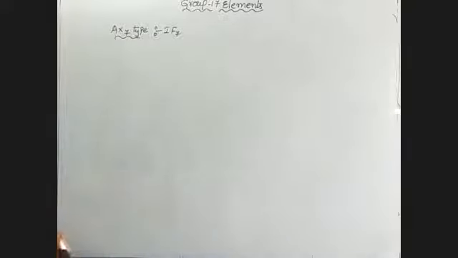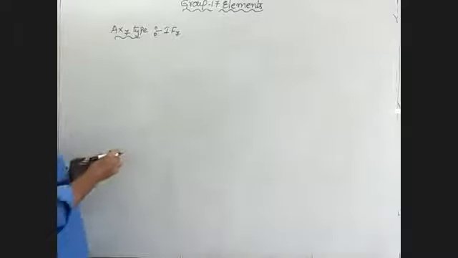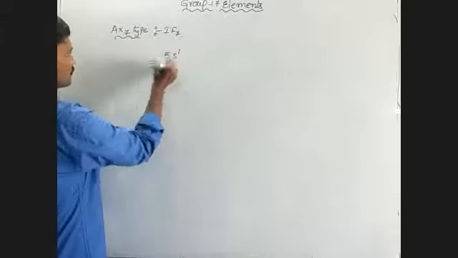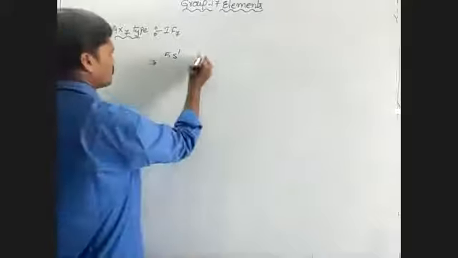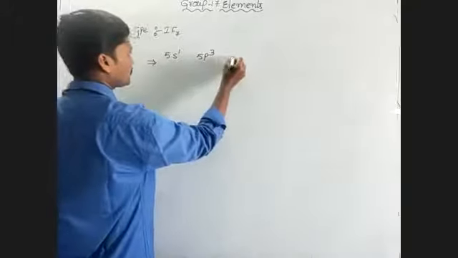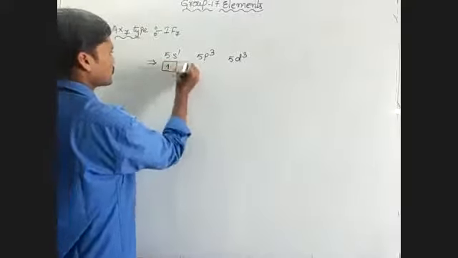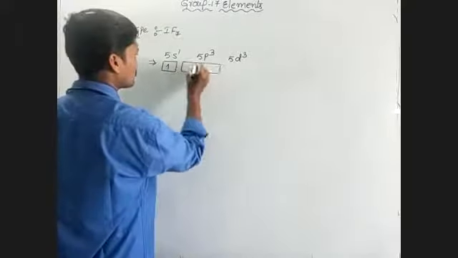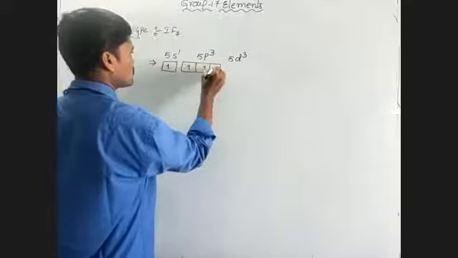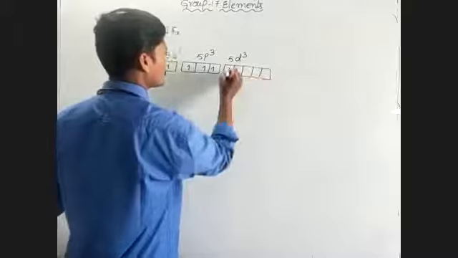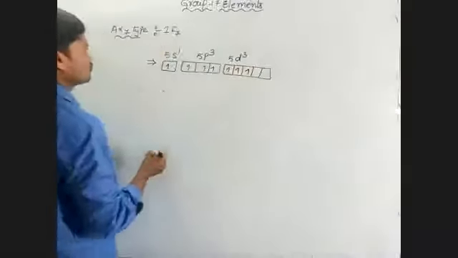In general, the electronic configuration in the third excited state is 5s1, 5p3, 5d3. That means there are 7 unpaired electrons.